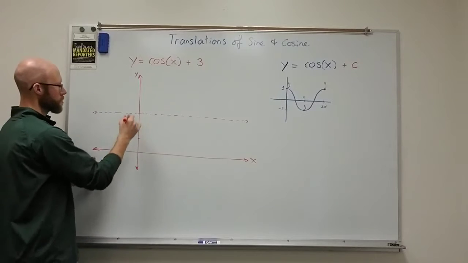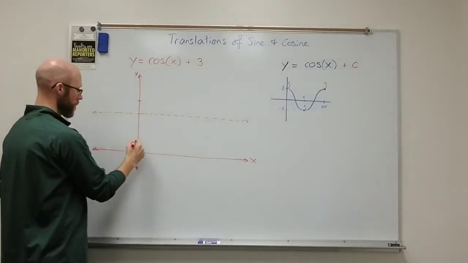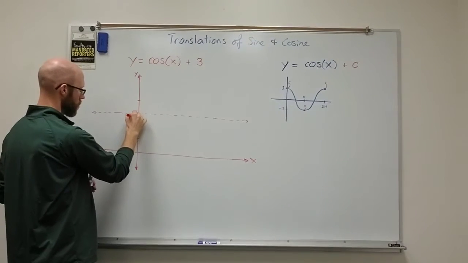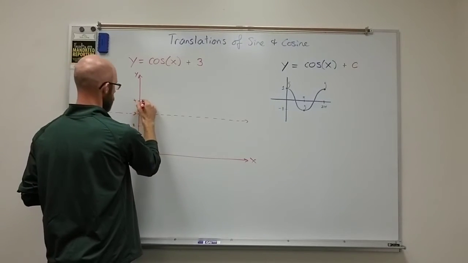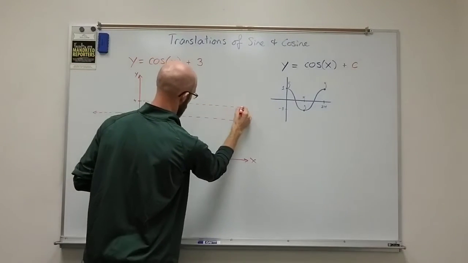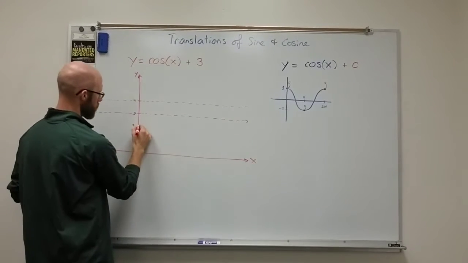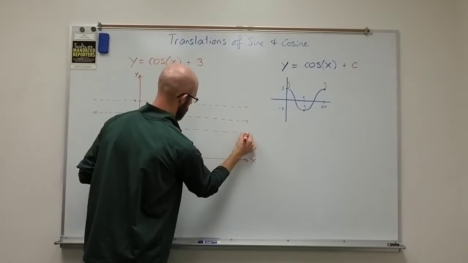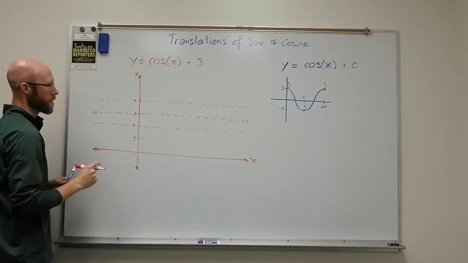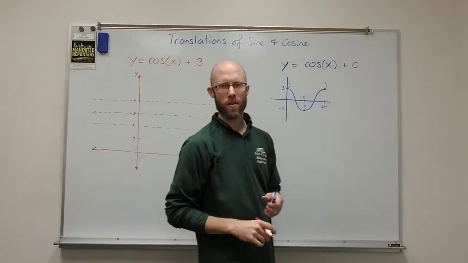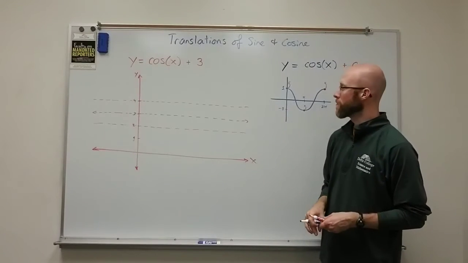My amplitude being 1 means from that axis you go up 1, down 1 to get the max and the min. So 1, 2, 3, and 4. The maximum then is going to be up at 4, and the minimum is going to be down at 2. I like to draw in these dashed lines because it helps me visualize where everything goes and get all the points lined up.